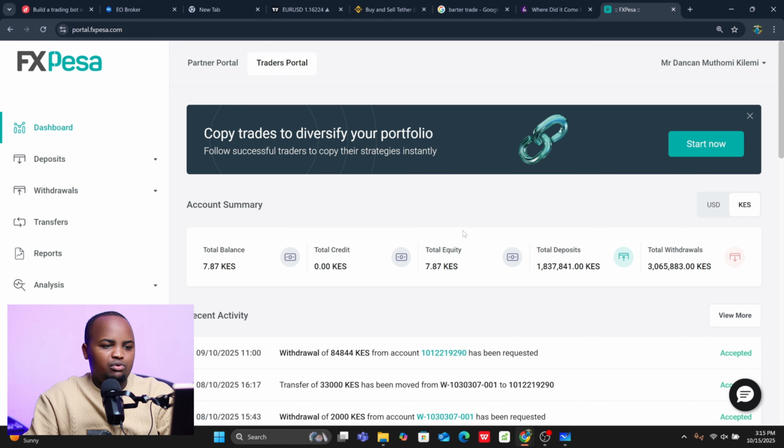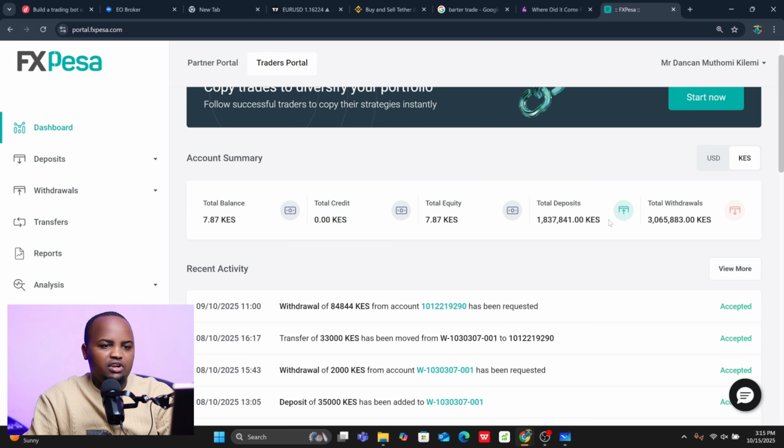Let me show you, for example. It's very simple here. You see, my total deposit is 1.837 million, and I have done a withdrawal of 3 million. And you can see my balance is 7 bob. So let me see how much I managed to make from this FXPesa account. 65,883 minus 187,183, 7,841.